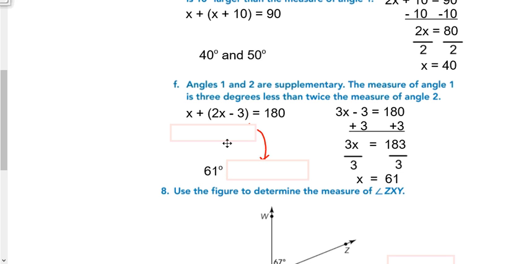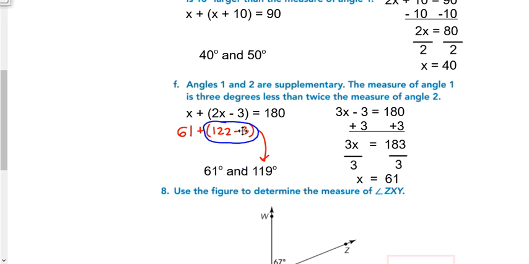For the other one, it's going to be 61 times 2 minus 3, which gives us 119.